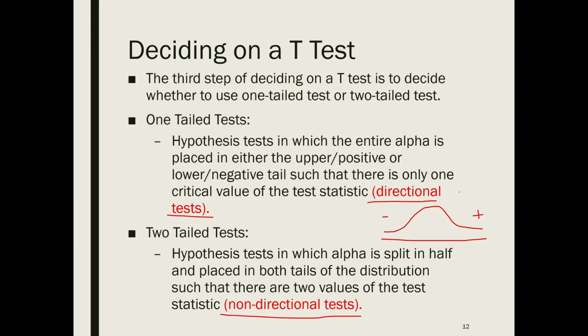At that moment, you don't have any idea about what's happening. You can't assume the direction based on theory, common sense, or your personal experience, then you have to use a two-tailed test, which is a non-directional test. That means it could go to the positive side or it can be the negative side.